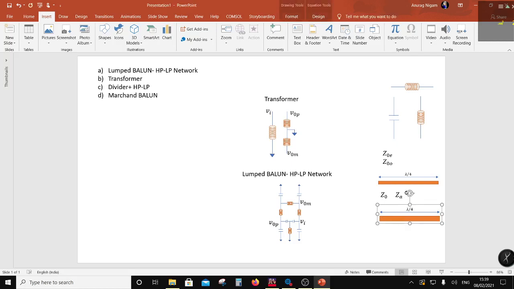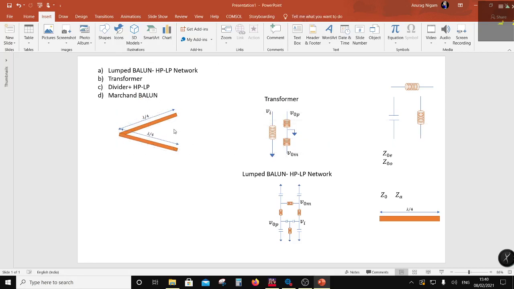Then the next one is going to be a divider plus high pass low pass. So what you can do is you can take two of these, right? And you have already seen an example where I designed what is called a divider, right? So you take two of these, and then after that you are going to put here a network which is going to be a high pass low pass.